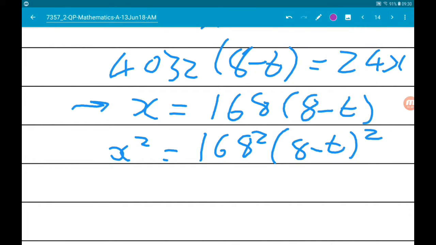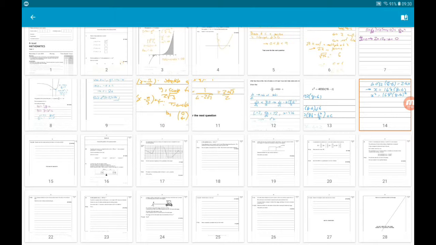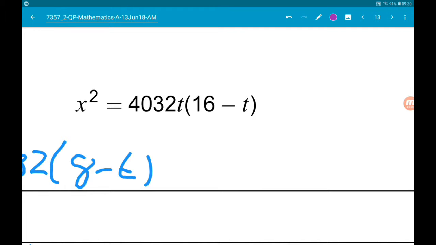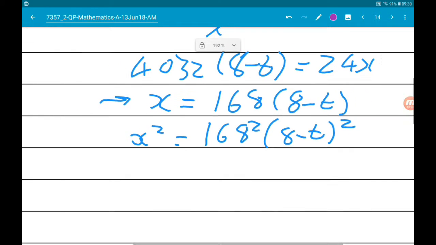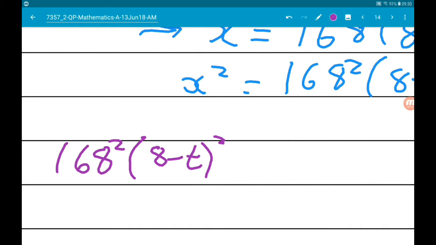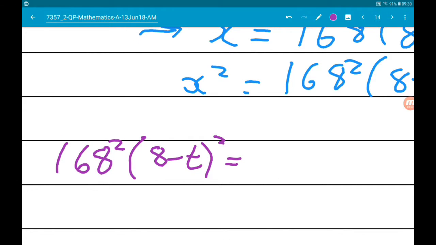So what we're now going to do is substitute that into this bad boy. So we're going to get 168 squared times 8 minus t squared is equal to 4032 t times 16 minus t.